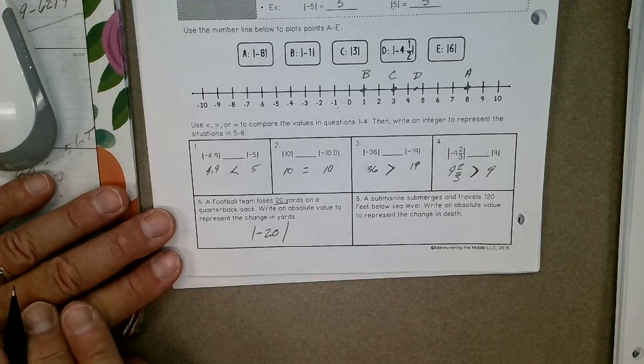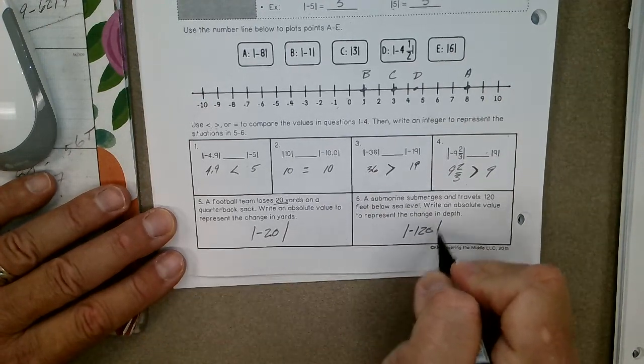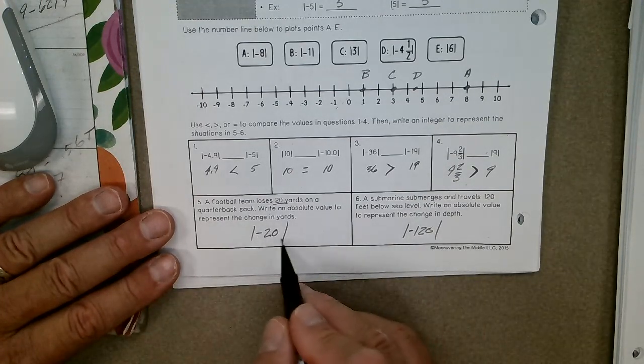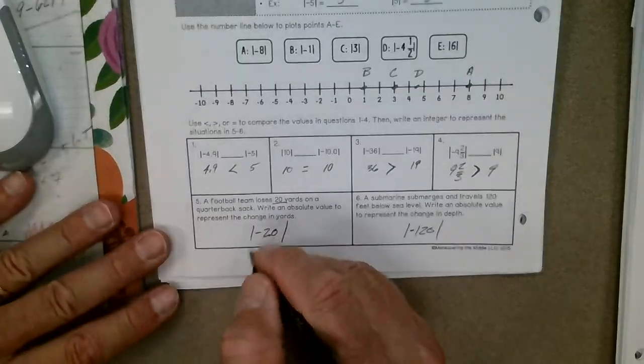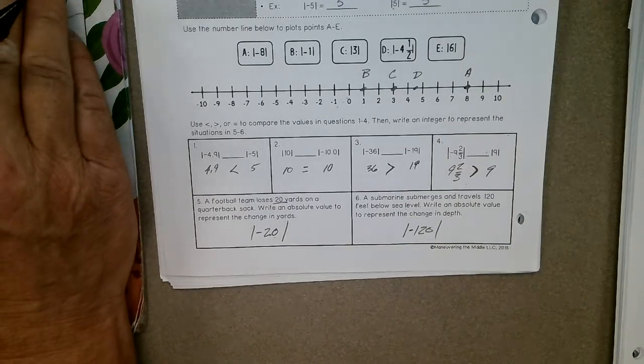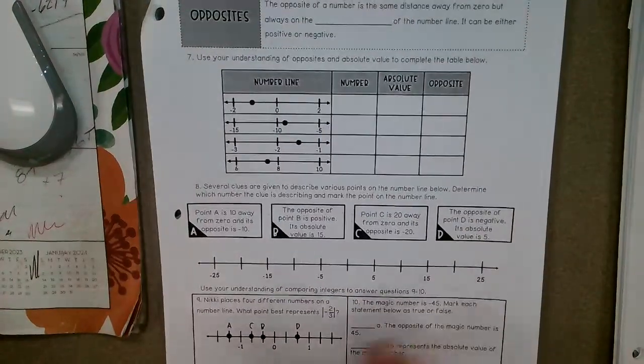Write the absolute value to represent the change in depth. Okay? This can get a little bit tricky, but you have to learn to write it. These are straight bars, not parentheses. That means something else. All right, let's take a peek here at the second page.